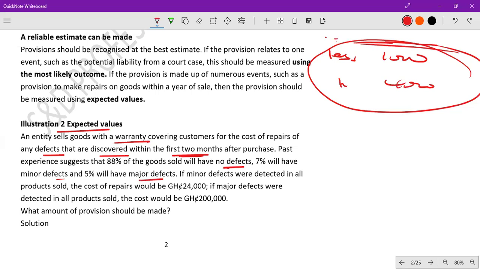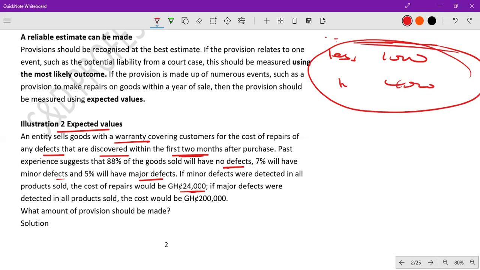If minor defects are detected in all products sold, the cost of repairs will be 24,000. If major, it will be 200,000.